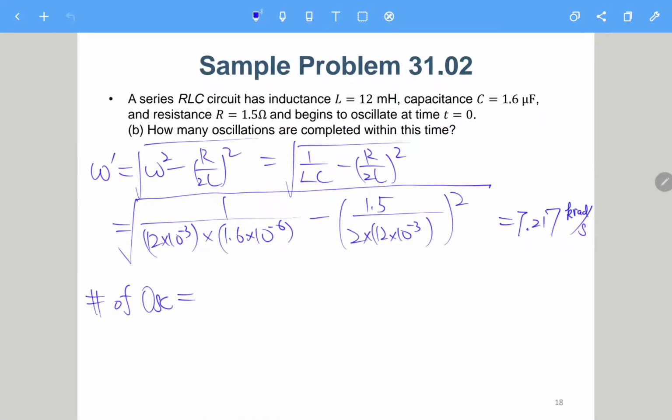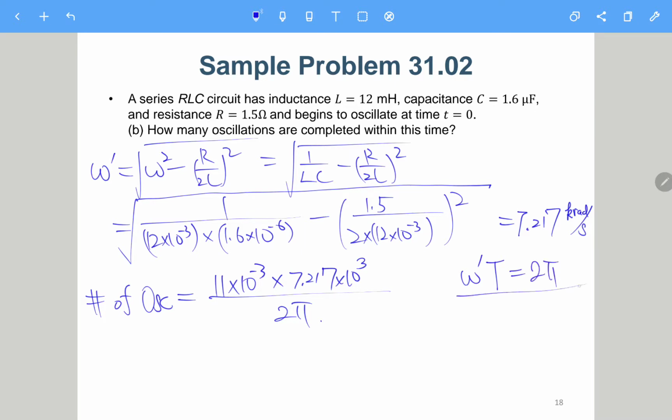So 11 times 10 to the minus third power, times 7.217 times 10 to the third power, and then over 2 pi, because omega prime times the period will be 2 pi, or f prime times T will be 1.